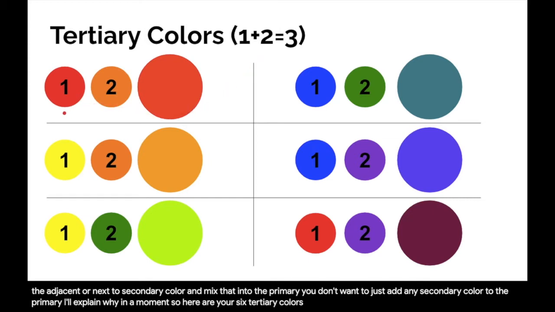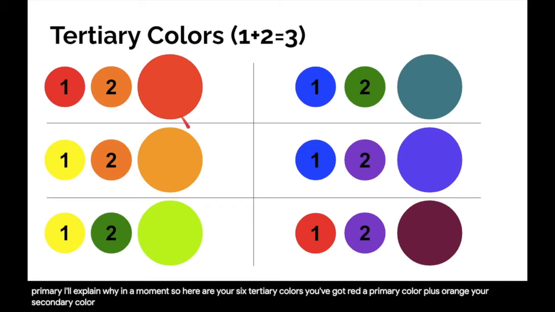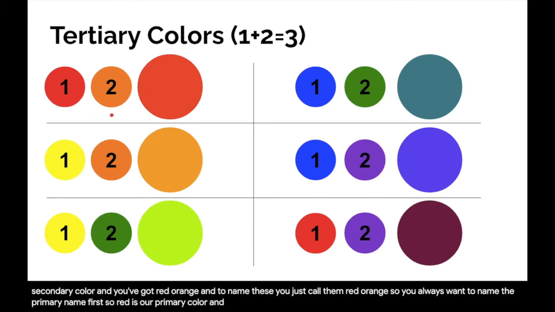You've got red, a primary color, plus orange, your secondary color, and you've got red-orange. And to name these, you just call them red-orange. So you always want to name the primary name first. So red is our primary color and orange is our secondary color. So it's called red-orange, not orange-red.